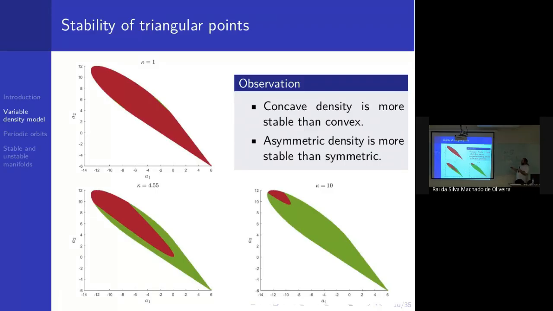So actually, concave density is more stable than convex. And also, asymmetric densities become stable earlier. Asymmetric densities are represented in those regions here, on the sides of this weird shape. Okay, so symmetric density is in the center, and asymmetric densities outside the center. And we can see here that they become stable earlier than symmetric density.